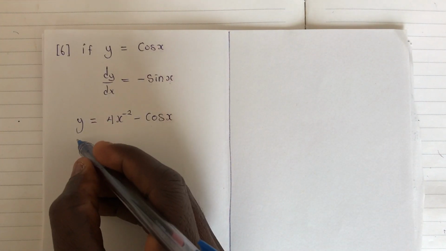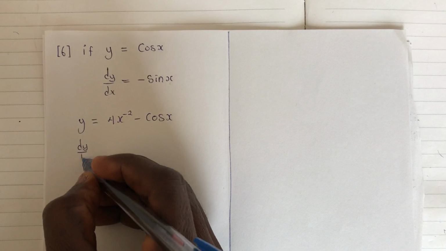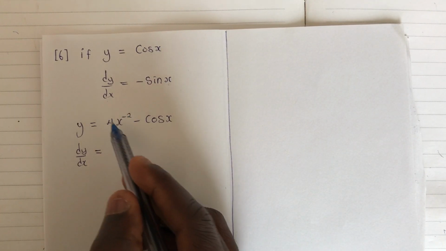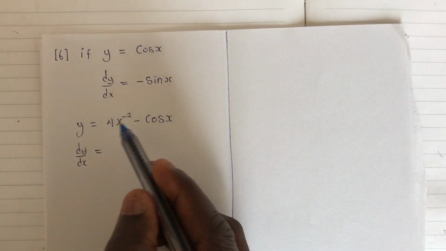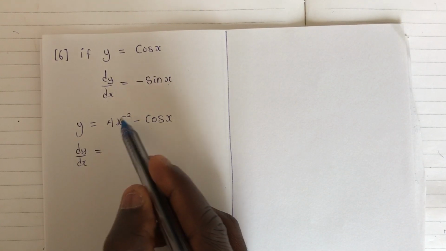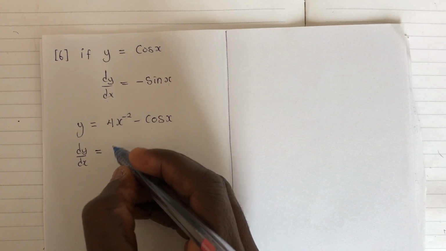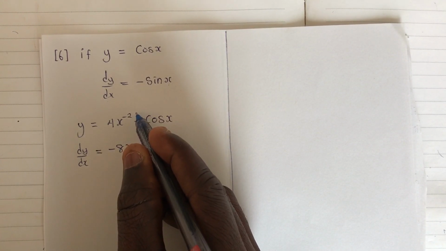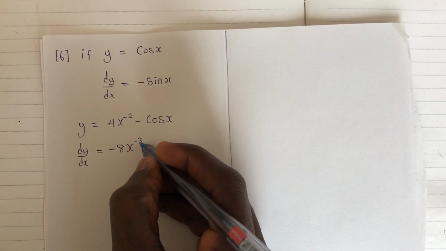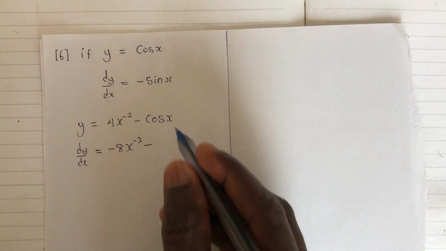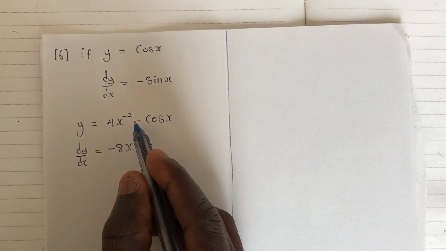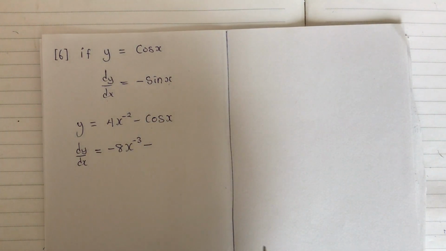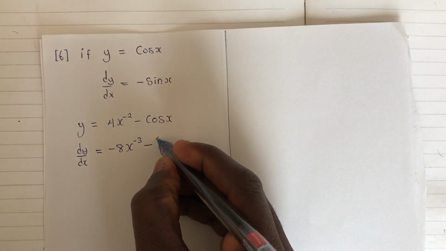Let me take an example. So now we have dy/dx being equal to, now look at this. This is the first rule we learned. Just let's solve that side. 2 times 4, which is minus 2 times 4, is giving us minus 8. x raised to the power minus 2 minus 1, giving us minus 3. Then minus, now remember this negative will affect the results of your cos function. So all you need to do is to put it in brackets.